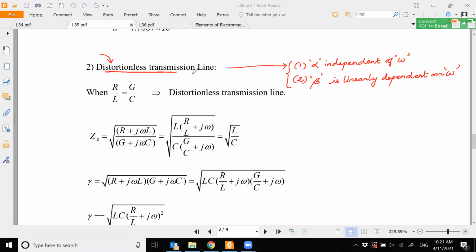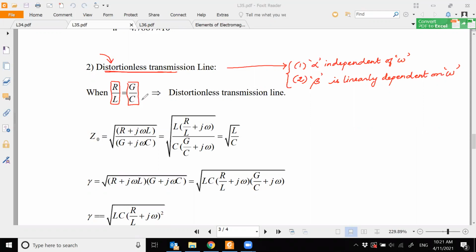And in order to satisfy this condition, when we come to the characteristics of our transmission line, we make sure that this ratio is equal to this ratio, and then this is satisfied. Making sure that these ratios are maintained is in our hands, because this is purely coming from the characteristics of the transmission line, that is, from the conductors and the dielectric material that you are using.